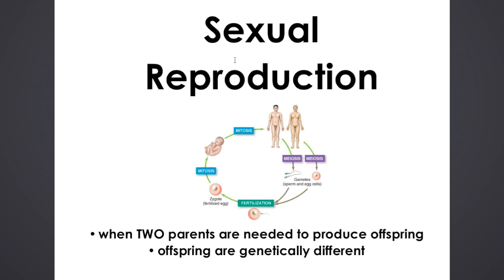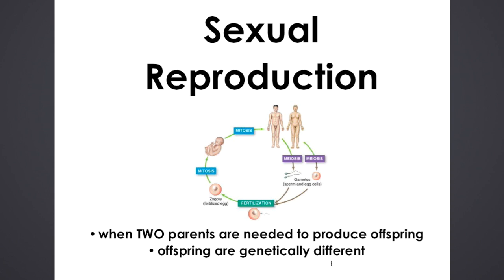Next we have sexual reproduction. Sexual reproduction is when two parents are needed to produce offspring, and the offspring are genetically different.